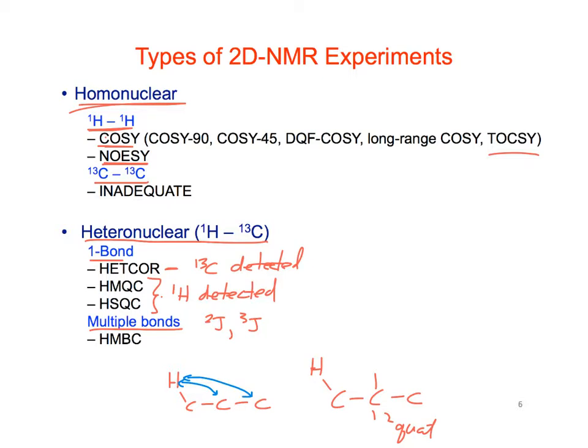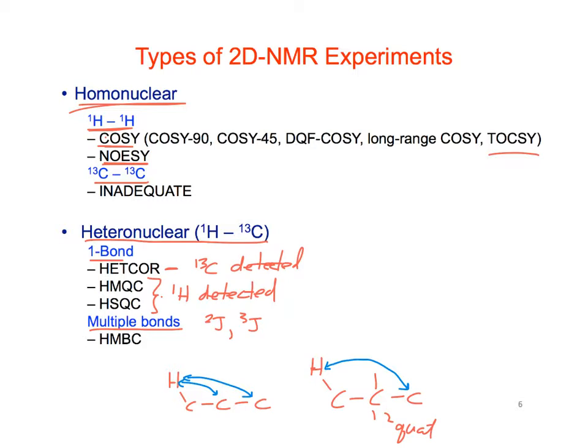But the HMBC would allow us to look at proton to C13 coupling that bridges past the quaternary carbon. So we might have a proton spin system over here and a proton spin system over here that, if we just looked at proton coupling, are isolated from one another. But this experiment allows us to connect those two pieces together.